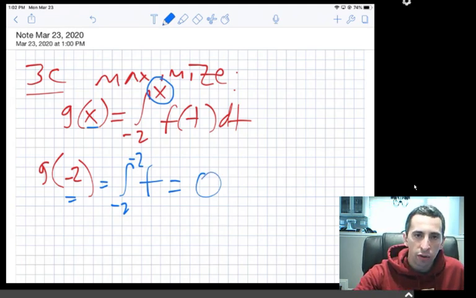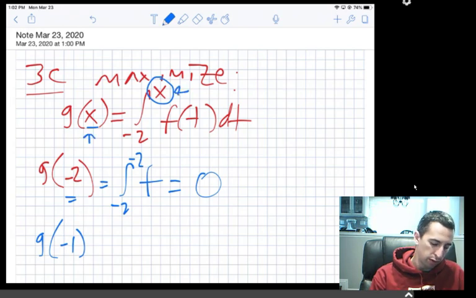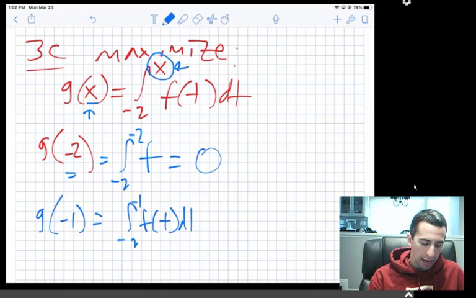If we find another critical point, so for example, we have the critical point at -1. Well, if you want to find g of -1, that's saying your x is -1, so you put it in both places. So that's the integral from -2 to -1 of f of t. You'll just need to interpret that as an actual area. So you have the graph, which looks like that.